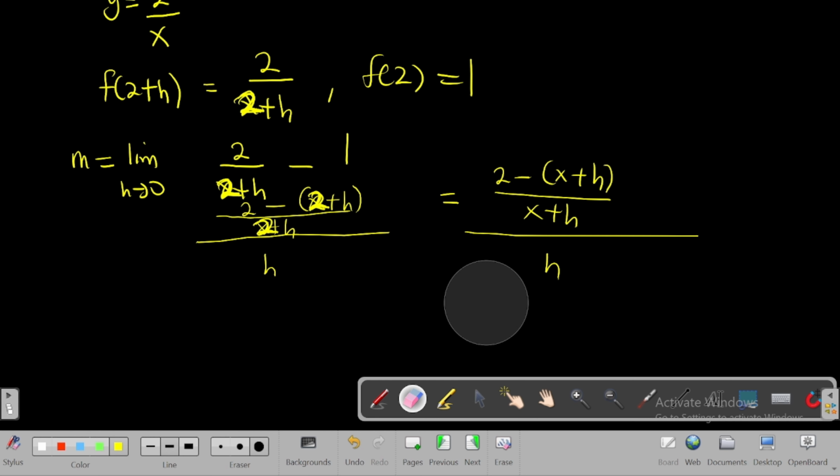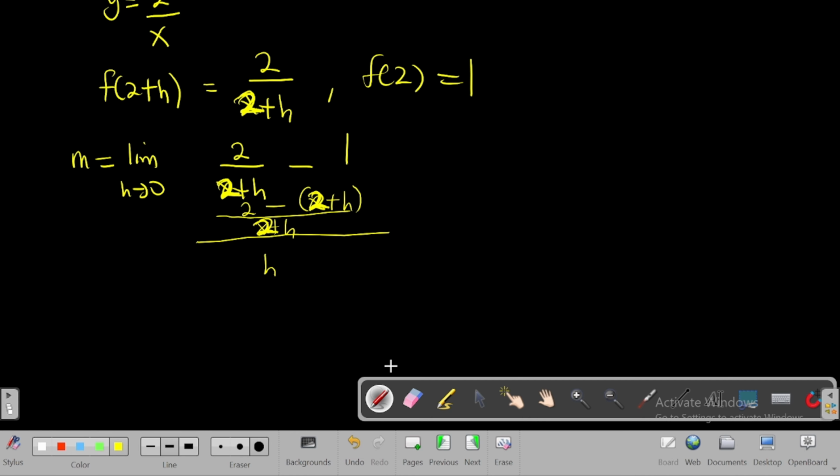And then our final result will be 2 minus 2 plus h, right? And you know that 2 minus 2 will be negative h, divided by 2 plus h, all over this value of h. But don't forget the limit.